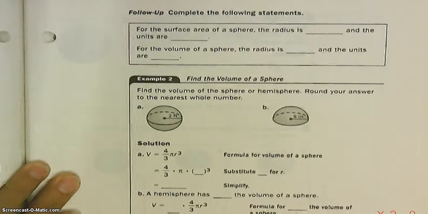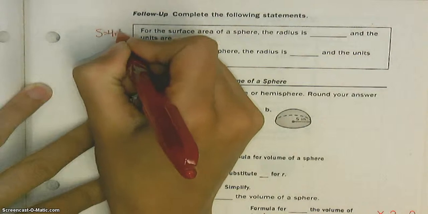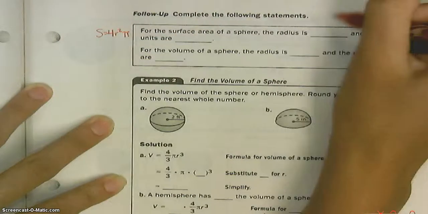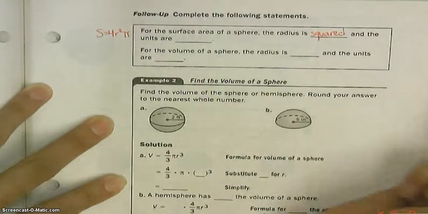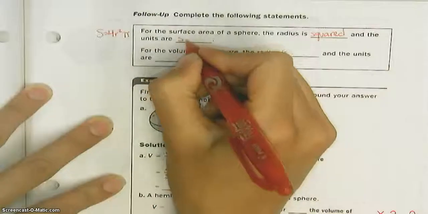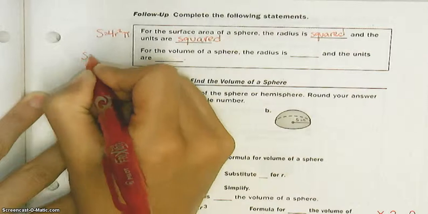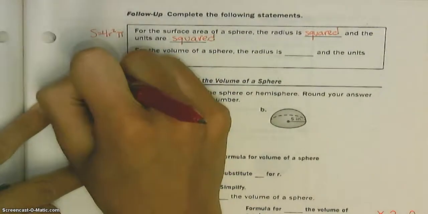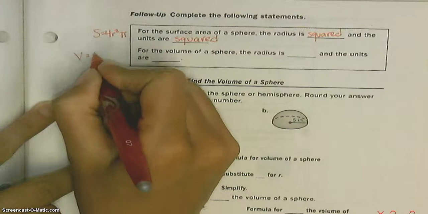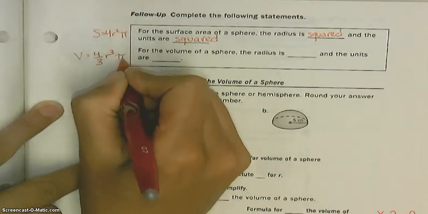All right, for the surface area of a sphere, that was this formula, 4r squared pi. The radius is squared, and when we do surface area, our units are always squared. Volume, oops, that should be a V. Our formula for volume of a sphere is 4/3 r cubed pi.